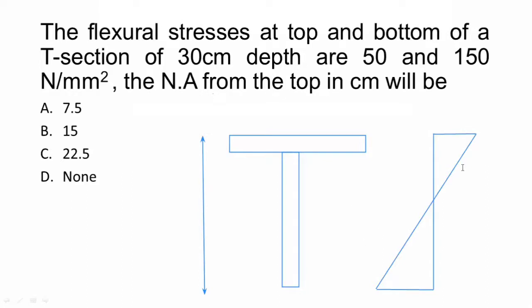The value of stress here is 50 as per the given data, and here it is 150. What you have to find is the neutral axis from the top in centimeter.